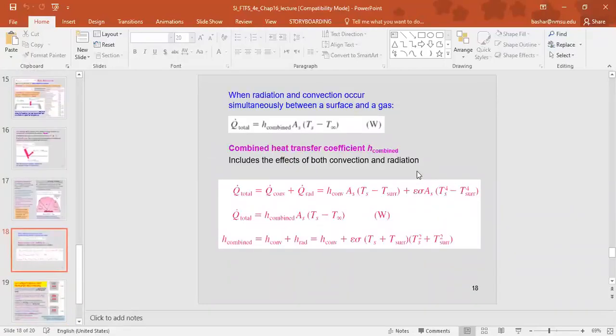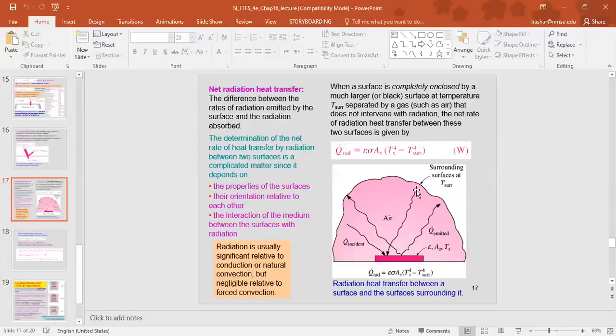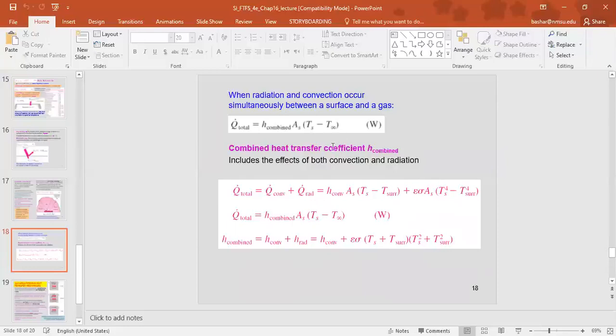If the surrounding temperature is equal to the free stream temperature of the moving fluid, then we may define a combined heat transfer coefficient that combines the effects of convection and radiation.